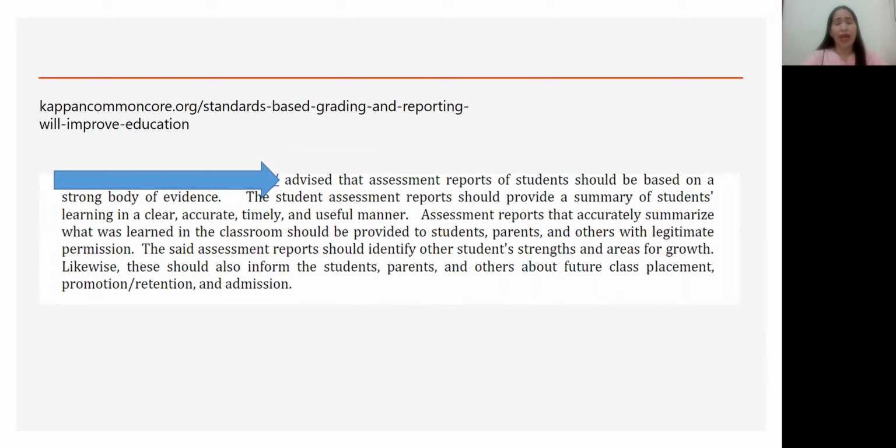Assessment reports that accurately summarize what was learned in the classroom should be provided to students, parents, and others with legitimate permission. The said assessment report should identify students' strengths and areas for growth. Likewise, they should also inform the students, parents, and others about future class placement, promotion, retention, and admission.